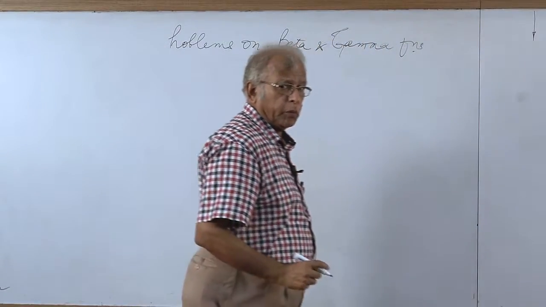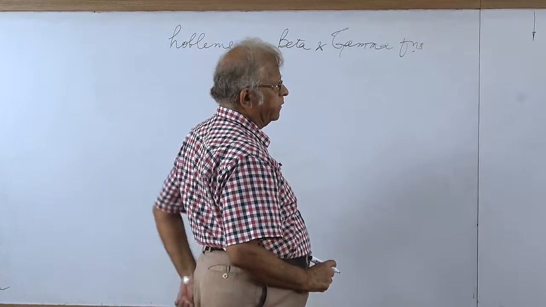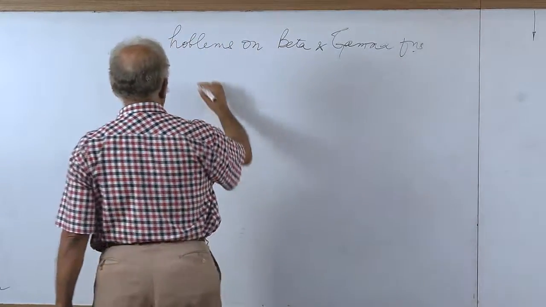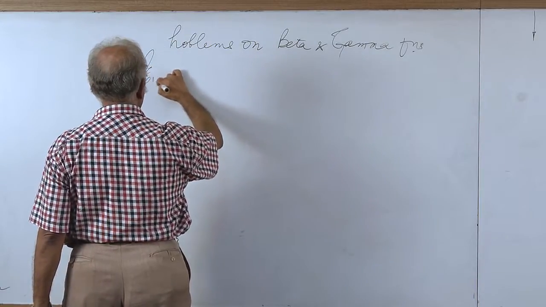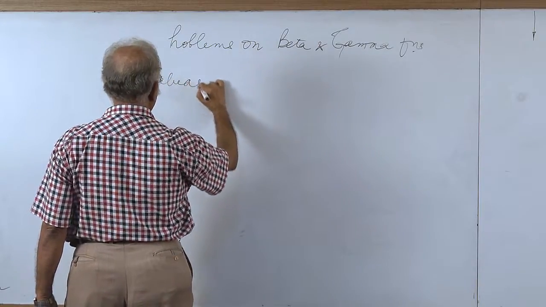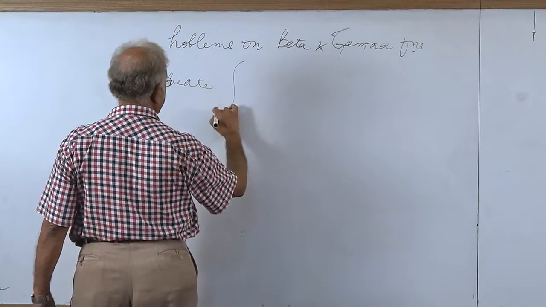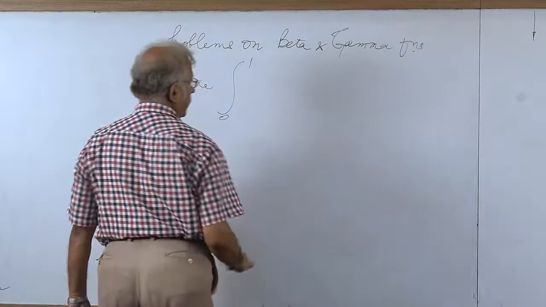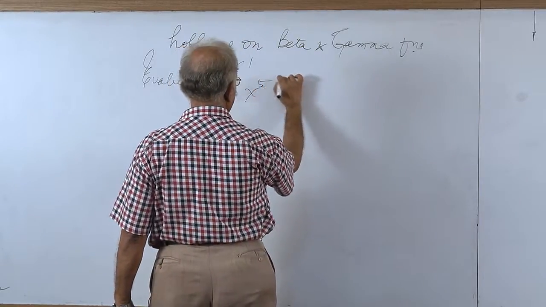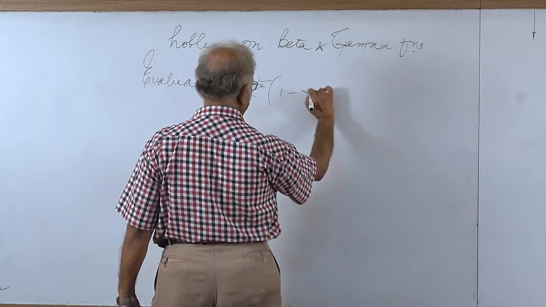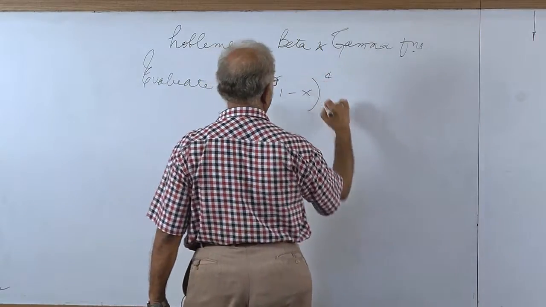The next problem we put up is rather a straightforward one. We will try to evaluate this. It will not take more than a single minute. Evaluate the integral from 0 to 1 of x to the power of 5, say, times 1 minus x to the power of 4.